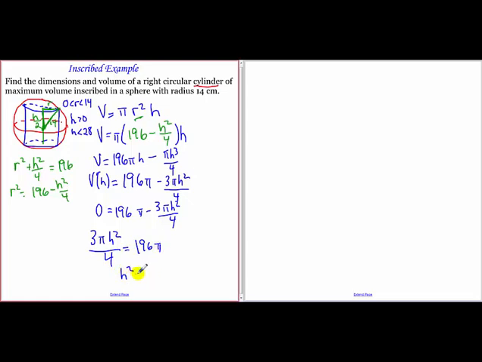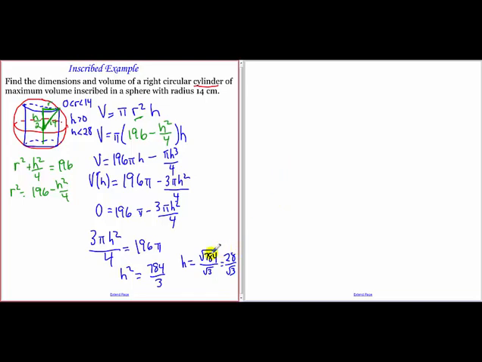So h squared, simplifying all that out, is 784 over 3, which means that h is going to be plus or minus root 784 over root 3, which works out to be 28 over root 3.